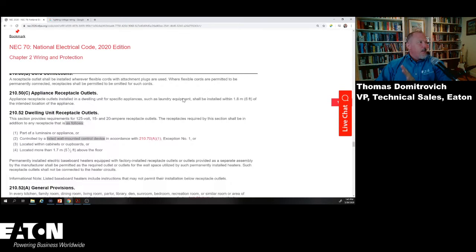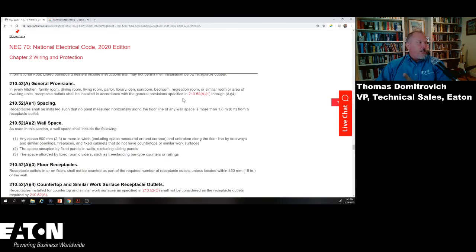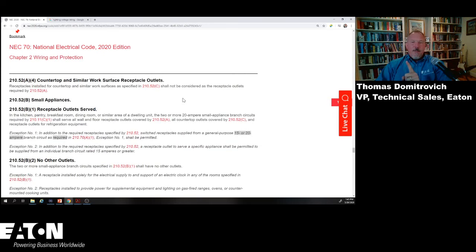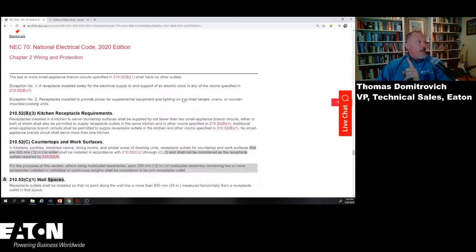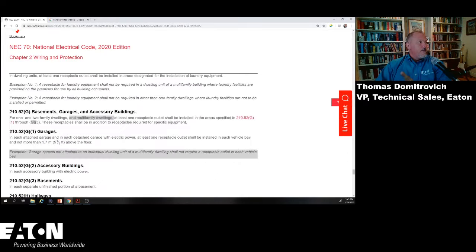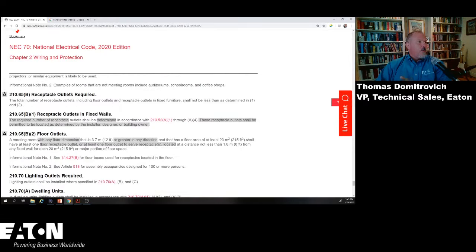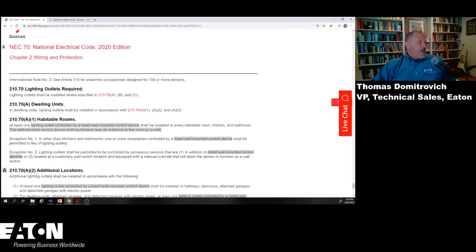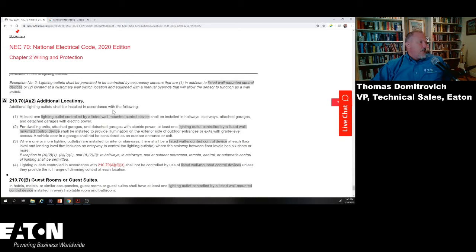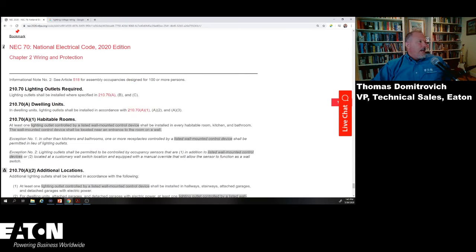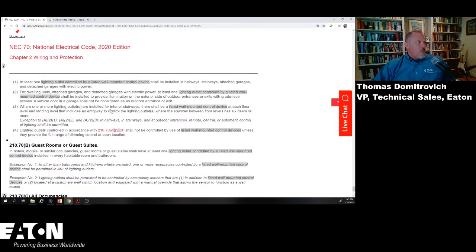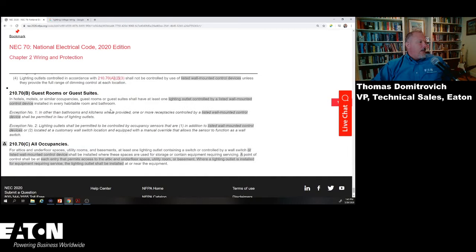And we just made a change for adding a light switch to switch lights on when you come into an area. I'm just going to look for it here real quick. Additional locations. So lighting outlets required, habitable rooms, lighting outlets, all occupancies.